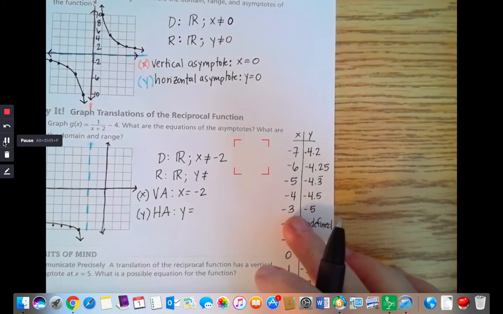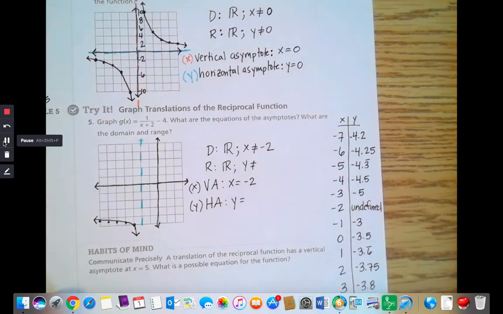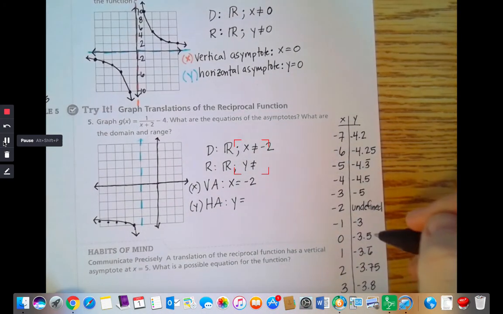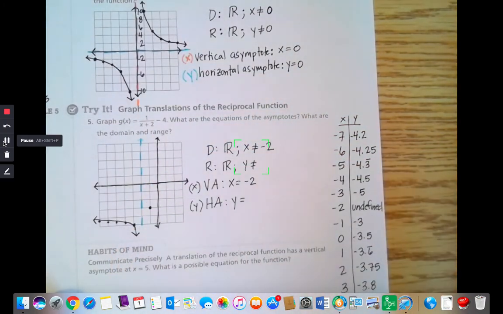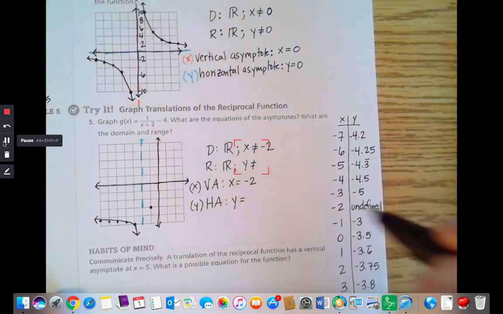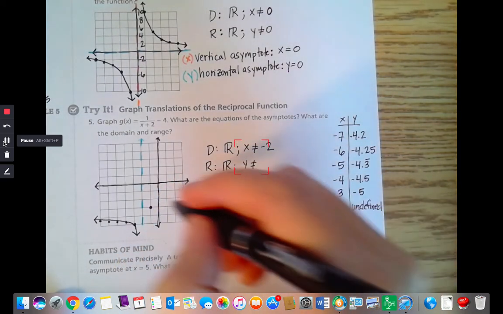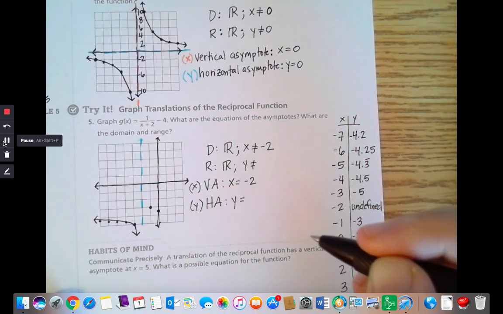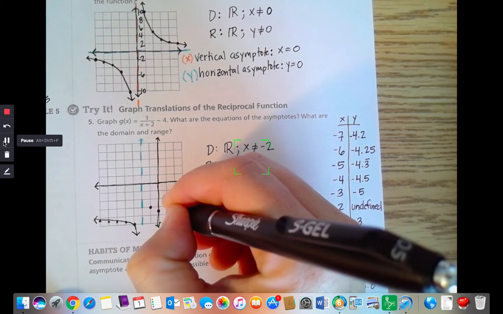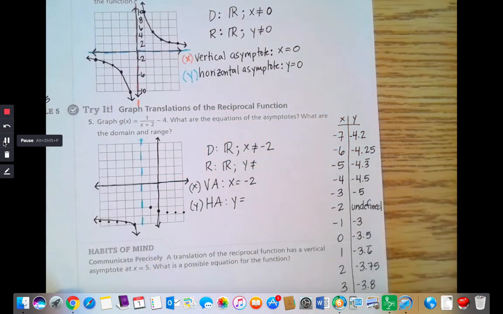I mean, it still looks the same, but just a tad bit different. And then we've got -1, -3, and then we go down to -3.5, -3.6, -3.75, and -3.8.